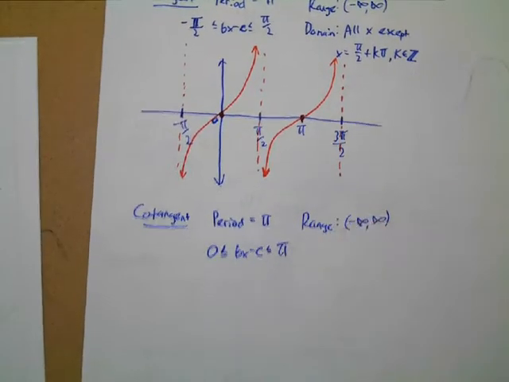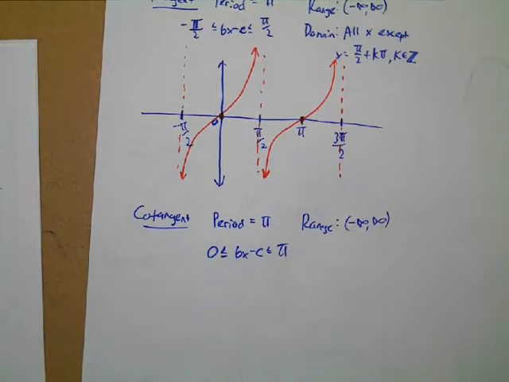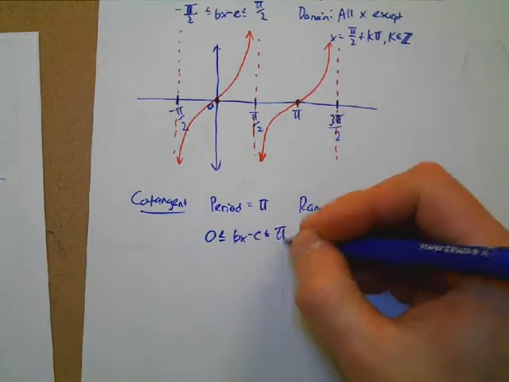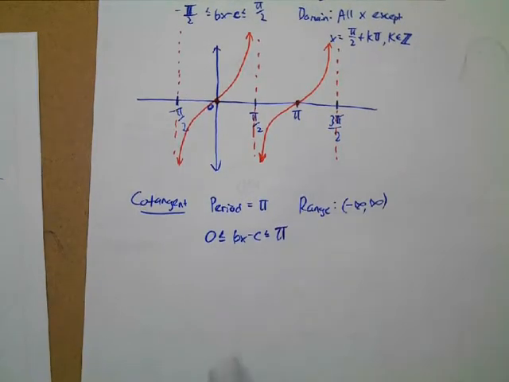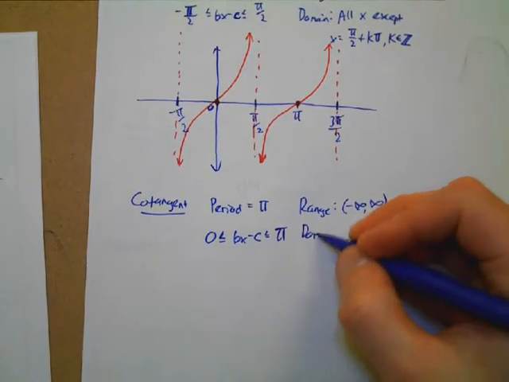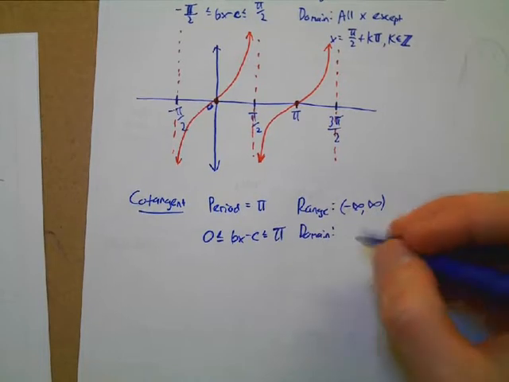The domain, all x except x equals k pi, k is an element of the integers. Okay? Which is the same domain as cosecant.